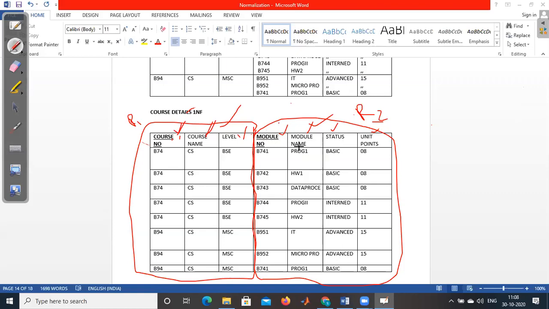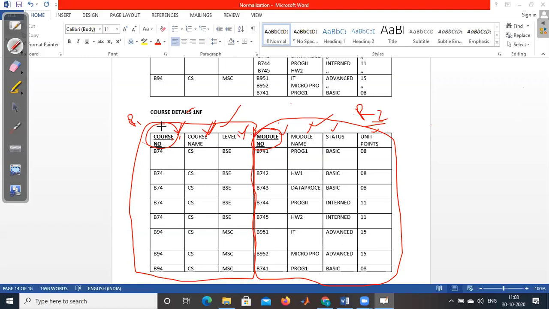So module number is the key attribute in relation R2. All non-key attributes are fully dependent on module number only. In relation R1, course number is the key attribute, so all the non-key attributes, course name and level, depend only on course number.